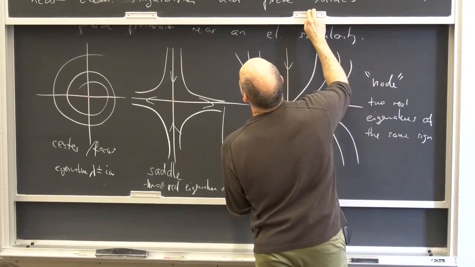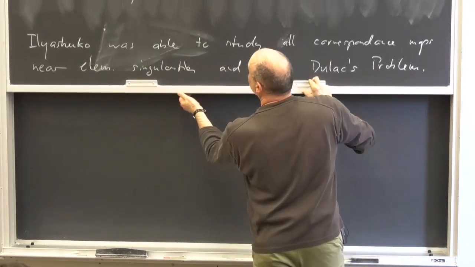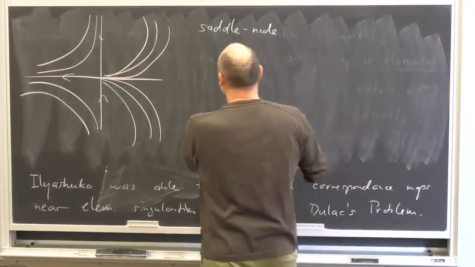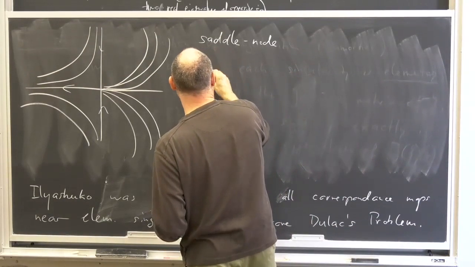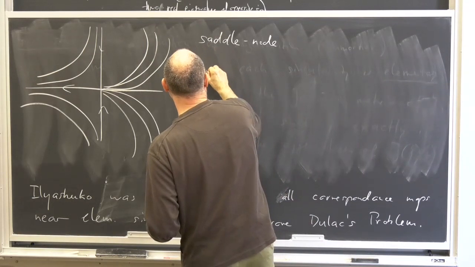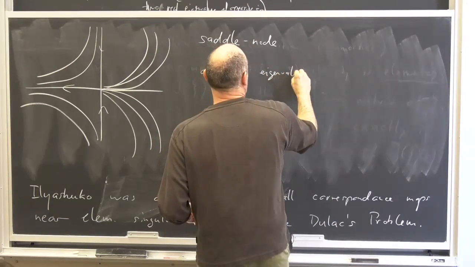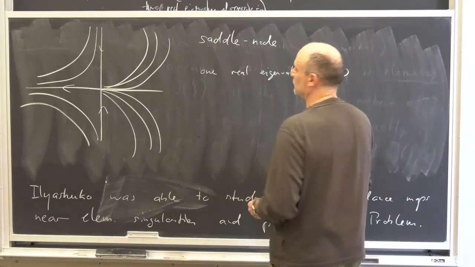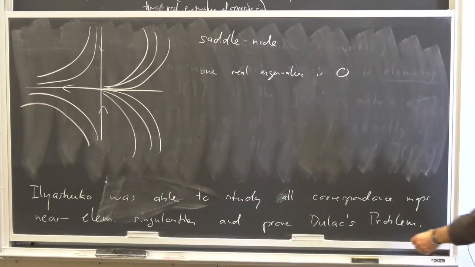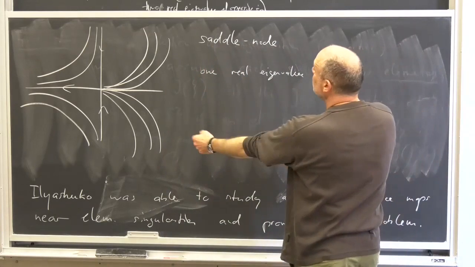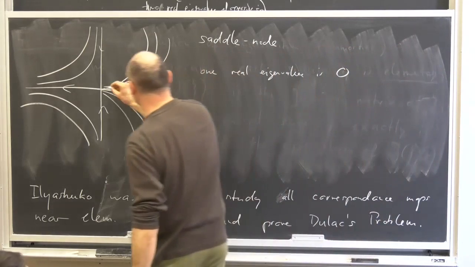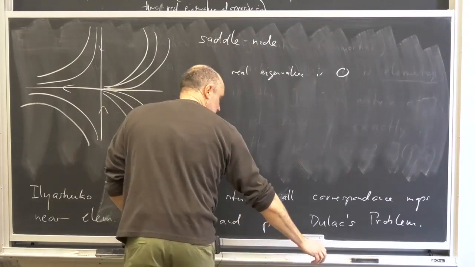Okay, and then this is the case where one of the eigenvalues is zero, but the other is not. So each of these you can actually find out just by looking at these eigenvalues.